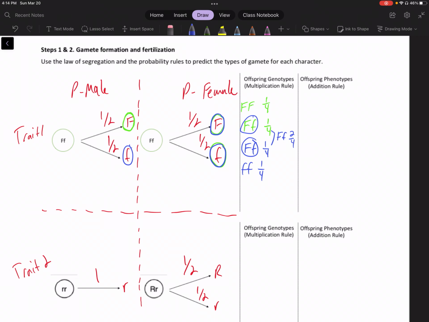Anything with a lowercase f, we're going to add together. So in this case, anything to do with purple, because purple was dominant, we add this one up and this one up because they both have a capital F in it, making it 3/4. Anything with white, there's only one lowercase f, and so that's 1/4.